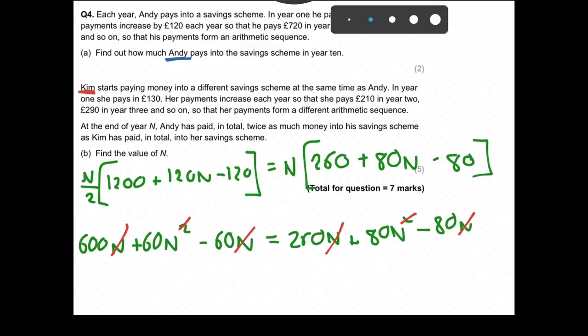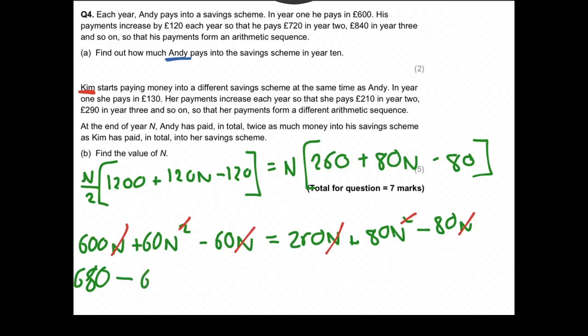Alright, so we're going to try and get all the n's on one side and then solve it. So let's add 80 onto this side to get 680. Take away 60, take away 260 equals 80n, take 60n, that's going to be 20n.